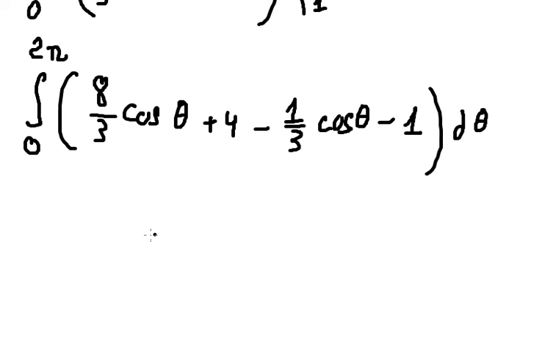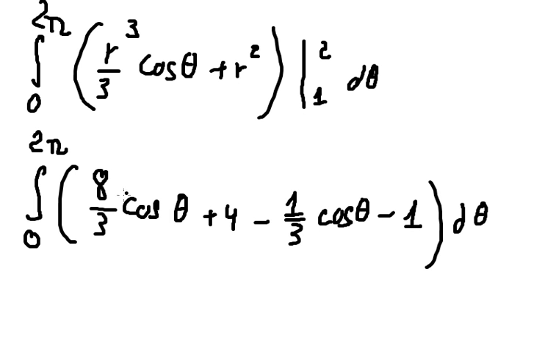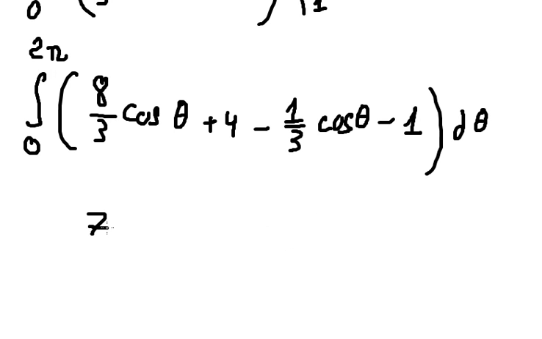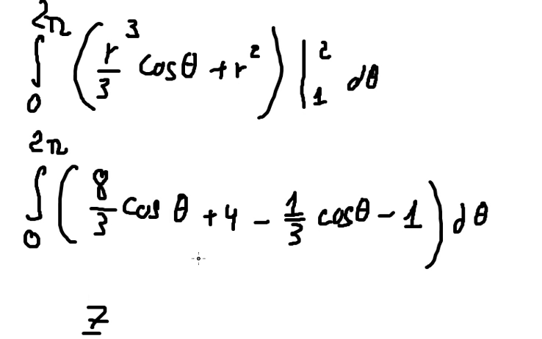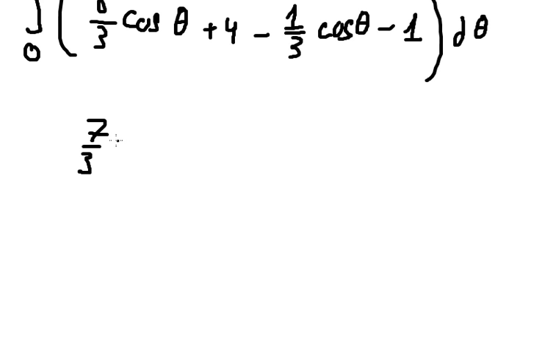Now we need to simplify this one. 8 over 3 minus 1 over 3, we have 7 over 3. This one, 4 minus 1, we have 3.